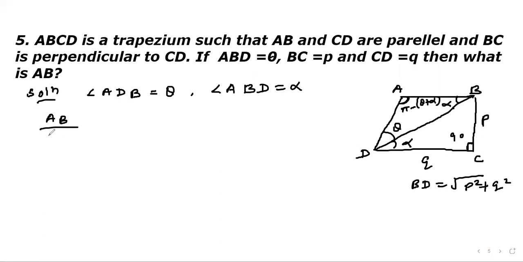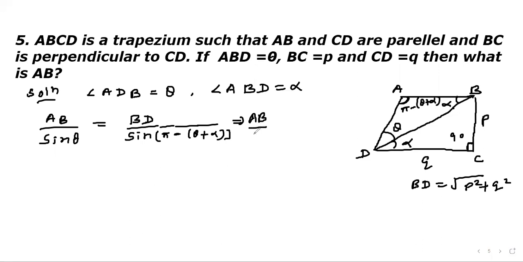So AB divided by sine theta equal to BD divided by sine of pi minus (theta plus alpha), which gives AB upon sine theta equal to, sine 180 minus theta gives sine theta, and BD is given as (P square plus Q square) whole power half, that is square root, whole divided by sine (theta plus alpha).